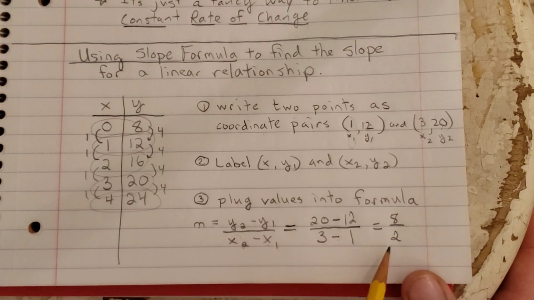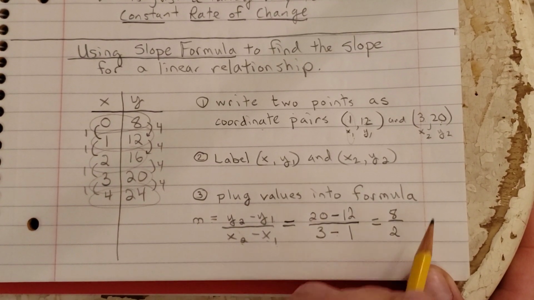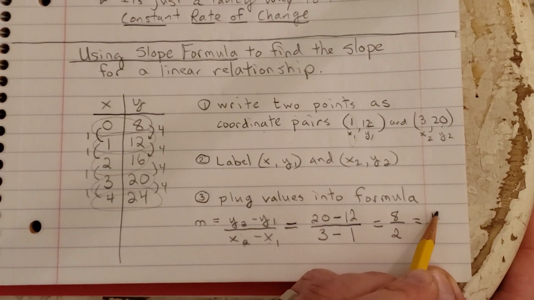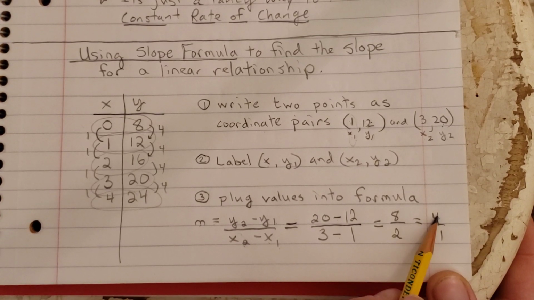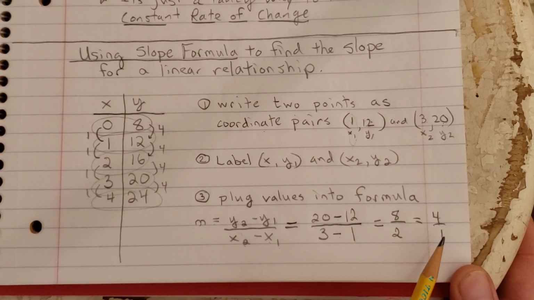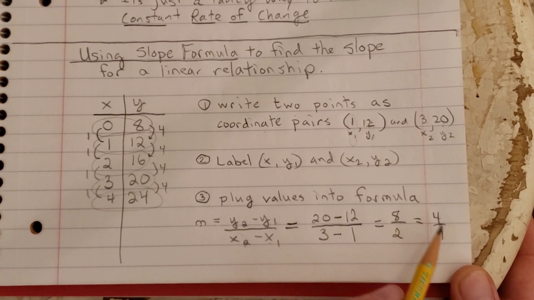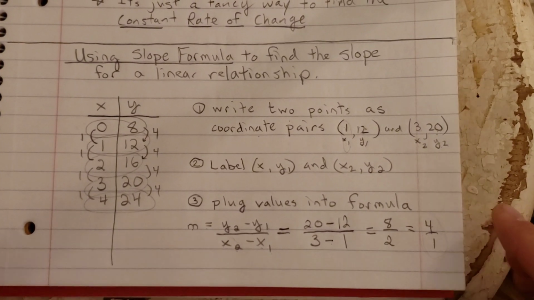It might not seem like that same constant rate that we got, but when we simplify it, it equals 4 over 1. What does that mean? That means y changes 4 for every 1 change of x. Y changes 4 every time x changes 1. It's a ratio or rate of change. How are they changing together in relation to each other?